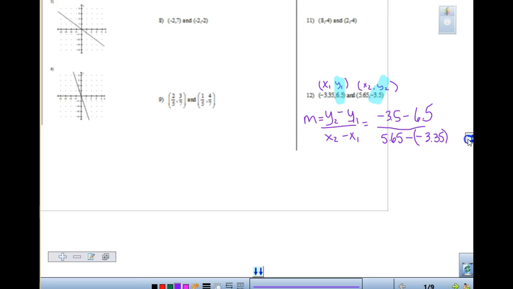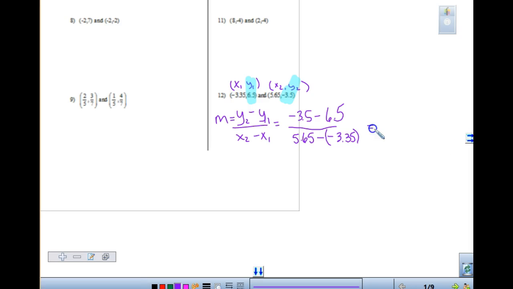Okay? Keeping in mind that anytime we have subtraction, we might want to rewrite this. So I think of this problem as negative 3.5 plus a negative 6.5, so you're going to add that on your calculator. In our denominator, 5.65, subtraction changes to adding the opposite, and the opposite of negative makes it a plus 3.35.